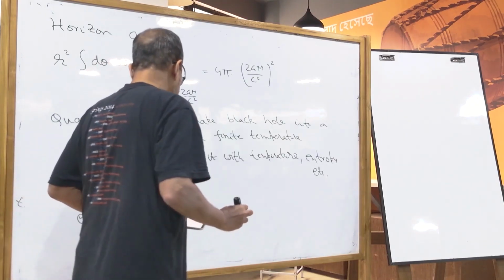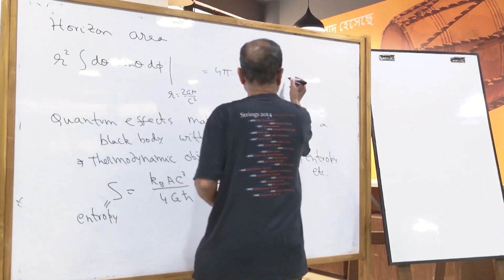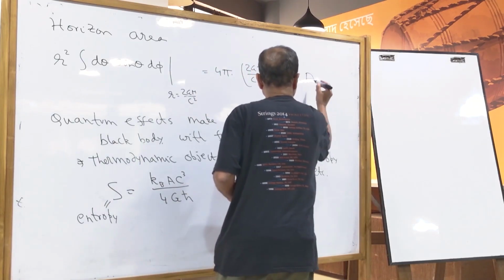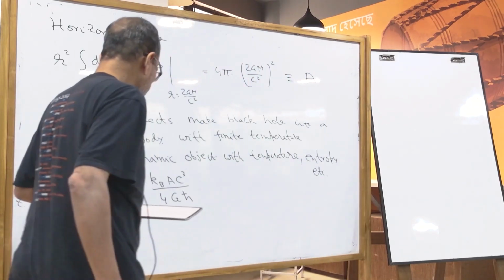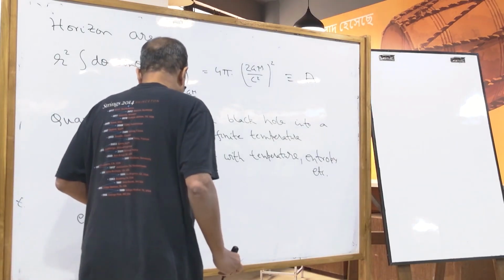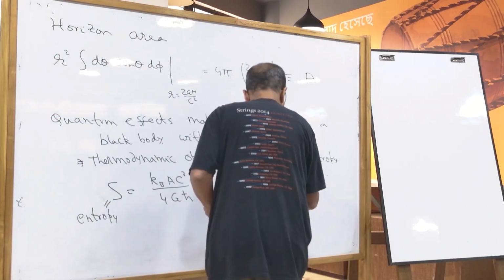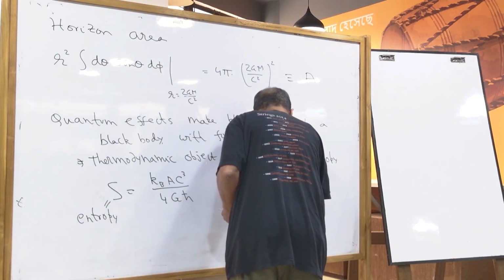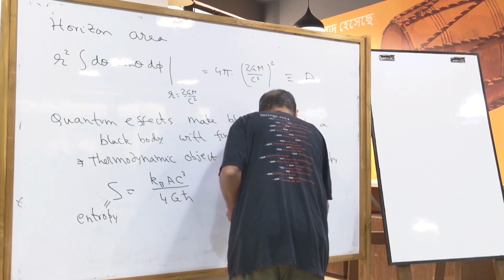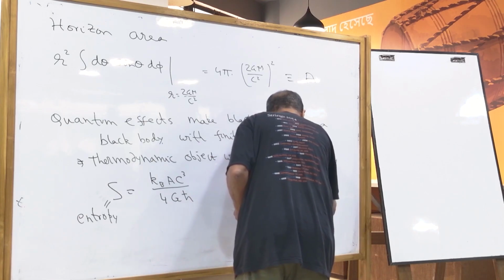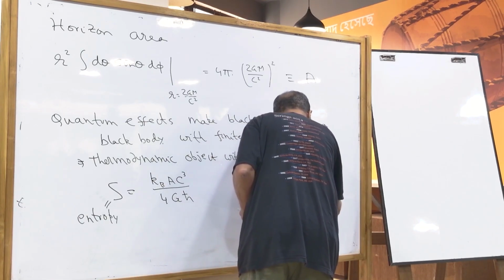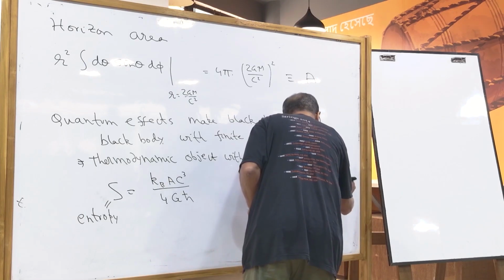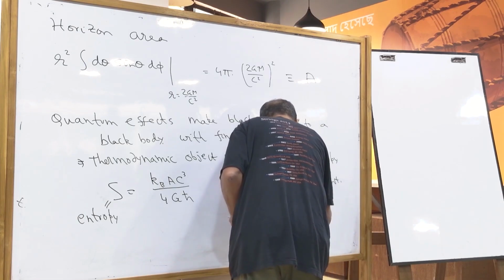Okay, so A is the area. This is A. Kb here is the Boltzmann constant, and h bar is the Planck constant.